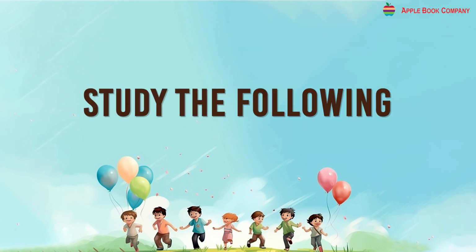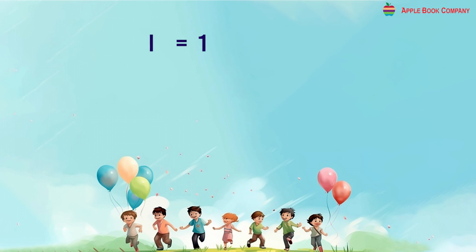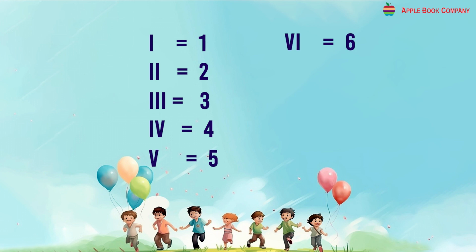Study the following. Ones. I is 1, II is 2, III is 3, IV is 4, V is 5, VI is 6, VII is 7, VIII is 8, IX is 9.